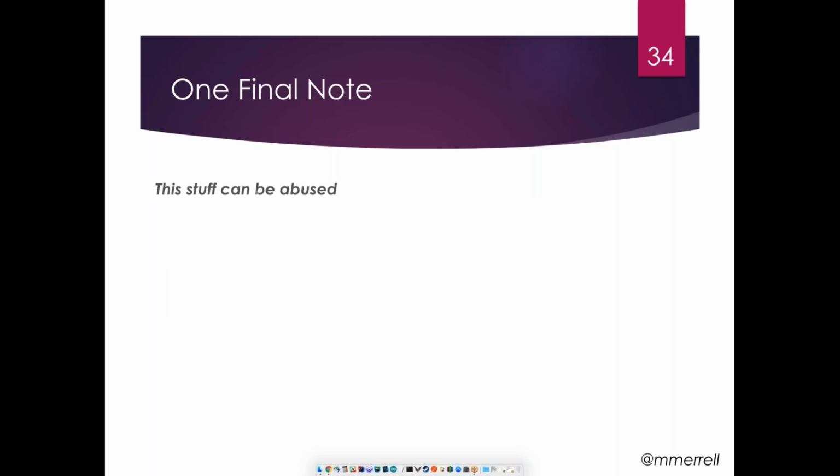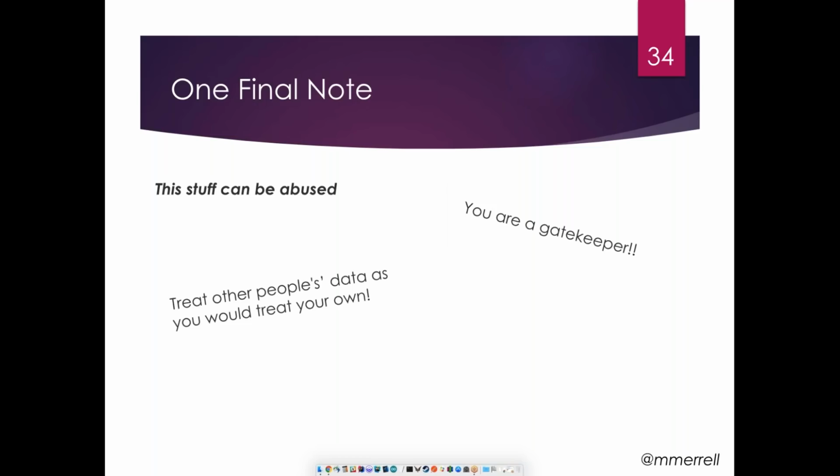So I feel like it's pretty important to point out that with all the latest headlines, slide 34 got created because this is starting to get scary. We are the gatekeepers to safety in analytics data. We need to trust other people's data as we want any company to treat our own data.